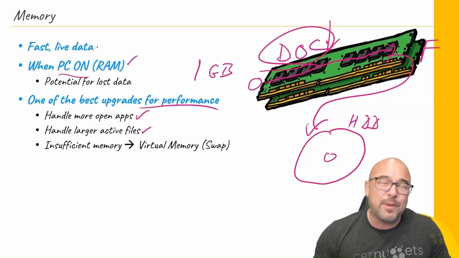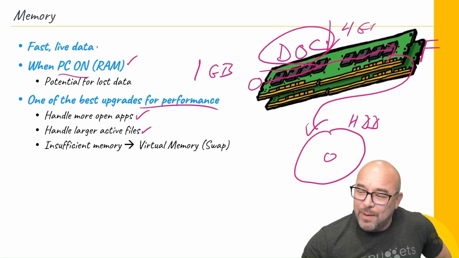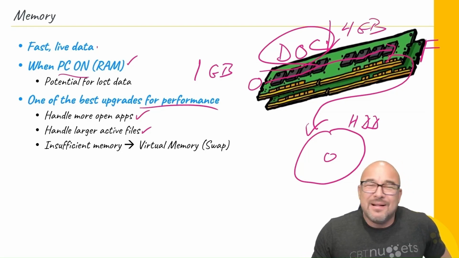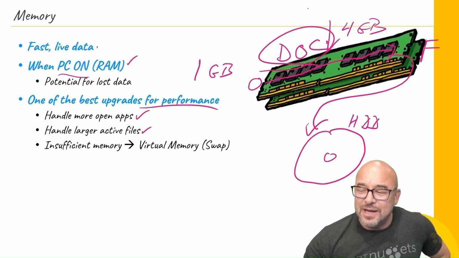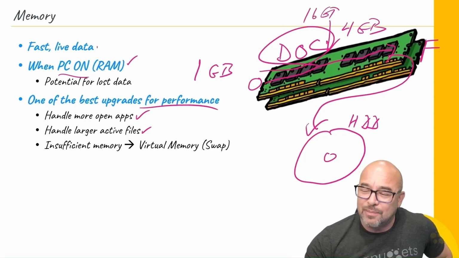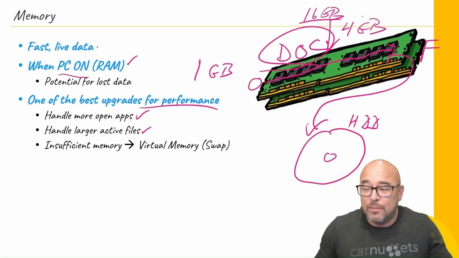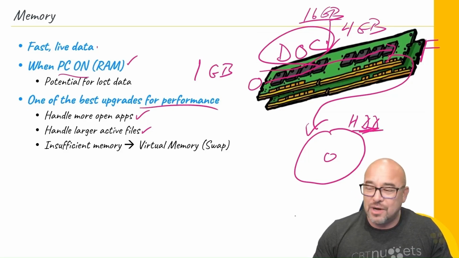So you're much better to keep it in memory if you can. So if I don't have enough memory, maybe I only had, let's say, 4 gigabytes of memory here. Well, that's kind of terrible. That's really not very much memory by today's standards, right? Almost any new machine should have at least 16 gigabytes, but let's say I had 4. Now if I upgrade to 16 gigabytes, buy a little bit more memory, then it's not going to do this thing where it swaps out to my hard disk drive.